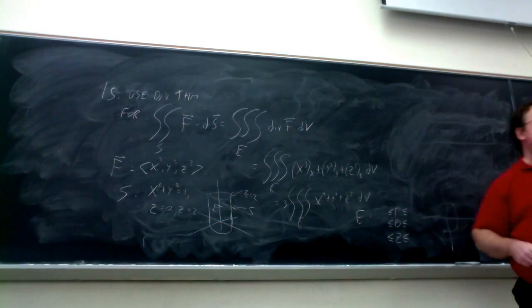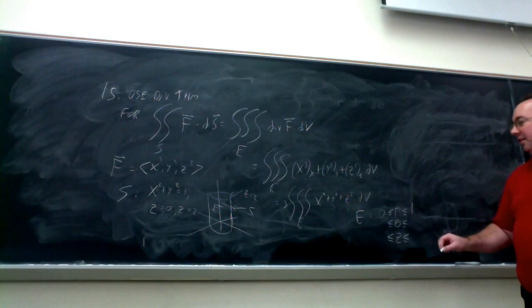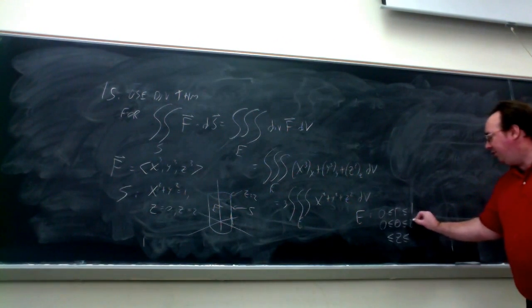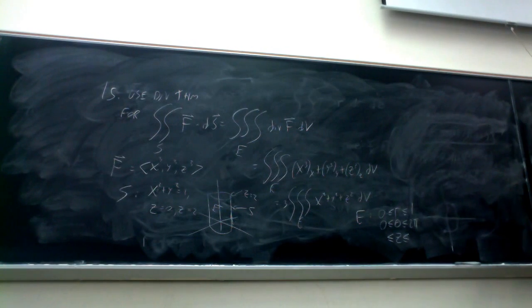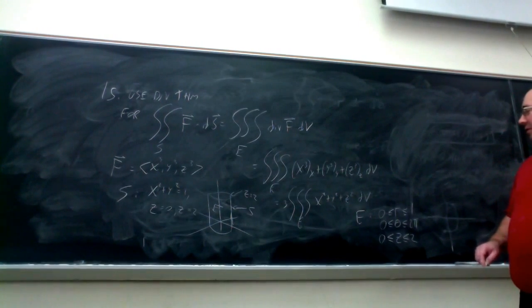Basically what's over there tells you. 0 to 1. Okay, theta? 0 to 2 pi. Yeah, go all the way around, 0 to 2 pi. What about z? 0 to 2. Yeah, it's in the problem. The info you need is there.